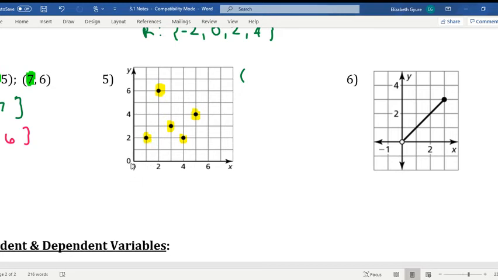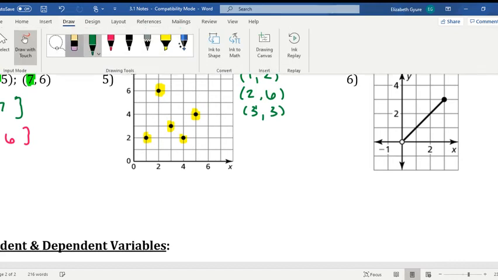So how would we write right 1 up 2 as a coordinate point? Yeah, 1, 2. 1, comma, 2. What else do we have? Yeah, 2, 6. Good. What else do we have? Yeah, 3, 3.